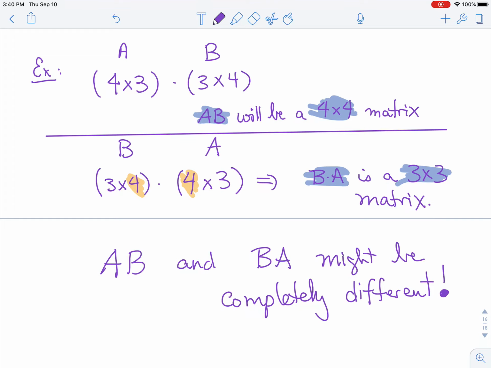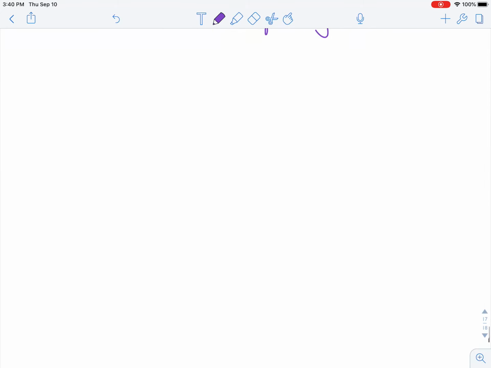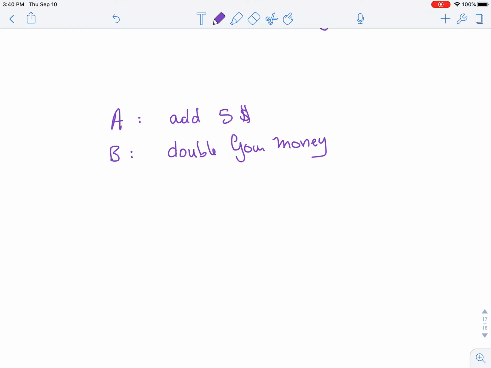If we, let's say we have two operations, say A was something like add $5, and B was double your money. Right? So imagine I let you push both of these buttons, but you got to decide what order.